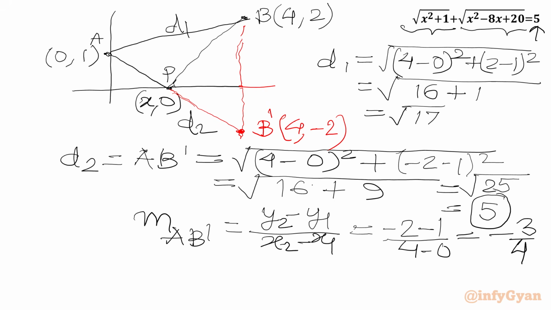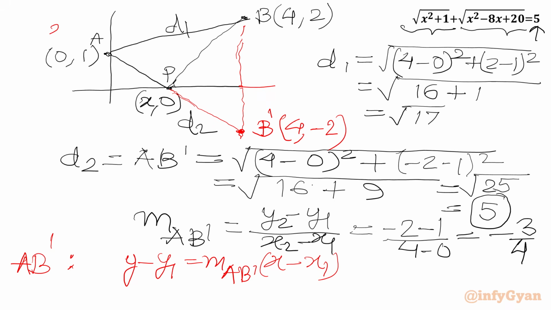Now we have to find the equation of line AB prime. Equation of line would be y minus y1 equal to m AB prime times x minus x1. So let us consider 0, 1 as x1, y1. So I will write here y minus 1 will be equal to minus 3 over 4 in bracket x minus 0.